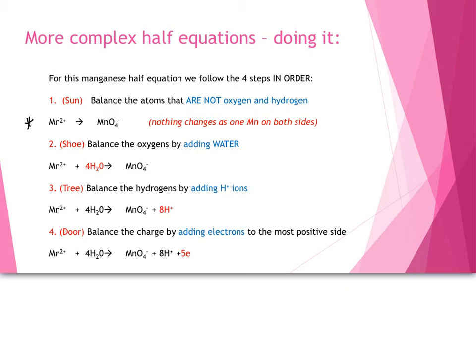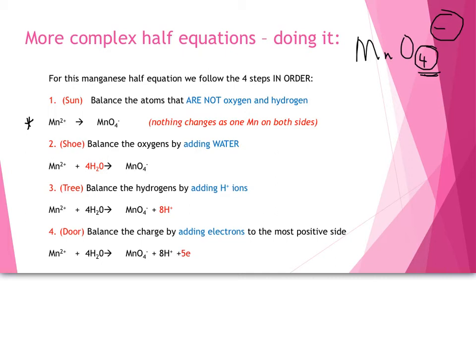Now it's important when you look at an ion like this, MnO4-, that you understand that the charge here is only a 1 minus charge. The 4 here is referring to the oxygens. When that number's down the bottom, it's referring to how many oxygens there are.